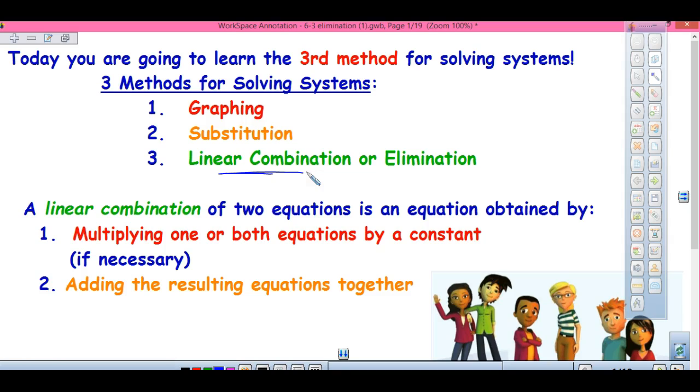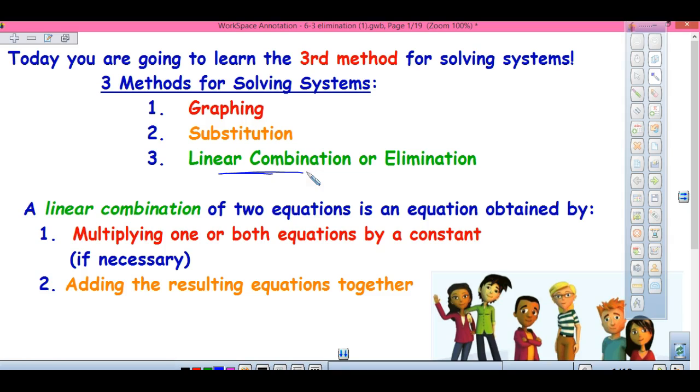Okay, because sometimes you get equations that look like 2x plus 4y equals 8, and then your other equation is like 6x minus 4y equals 12, right? And if you wanted to graph it, you would have to solve both of them for y, right? And if you wanted to use substitution, you would have to do at least one of them for y, right?